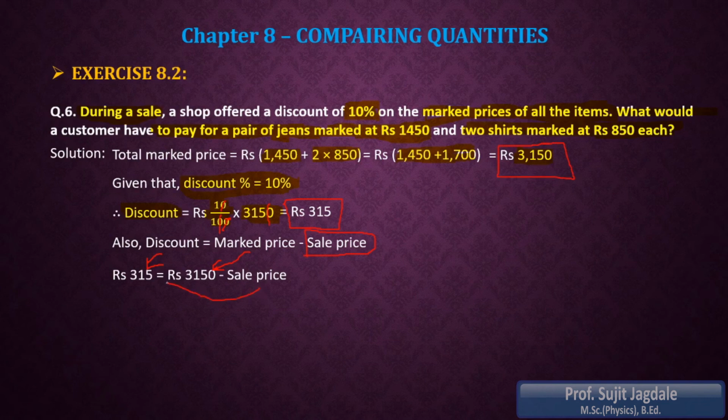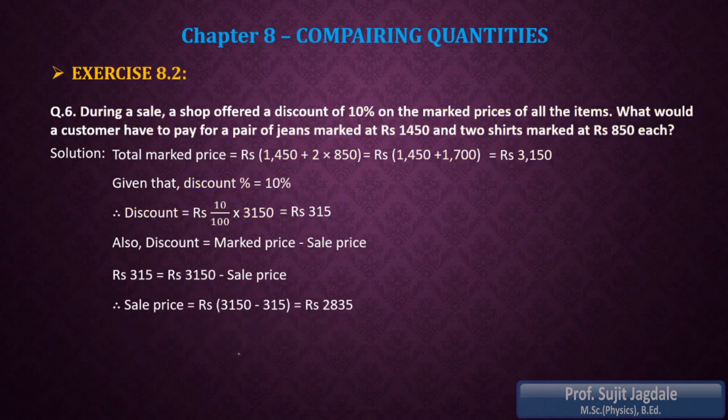So I shift the sale price to the LHS and 315 to the RHS. The sale price becomes positive and Rs 315 becomes negative. So I get 3150 minus 315, and that subtraction is Rs 2835.